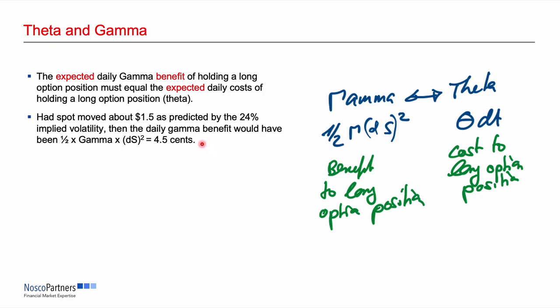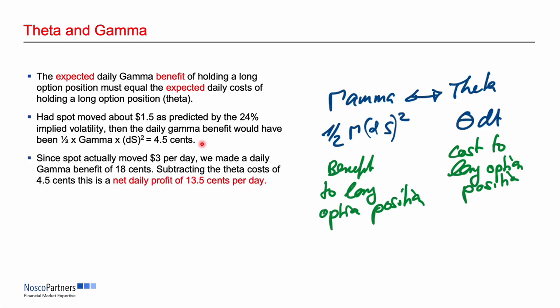So let's do this quickly. If spot moved as described by the 24% implied volatility, that would imply a move of 1.5% per day. In our case, this is $1.5 per day, and the benefit from being long gamma would then be a half gamma times ds squared, which is a half times 4% times 1.5 squared, which is 4.5 cents.